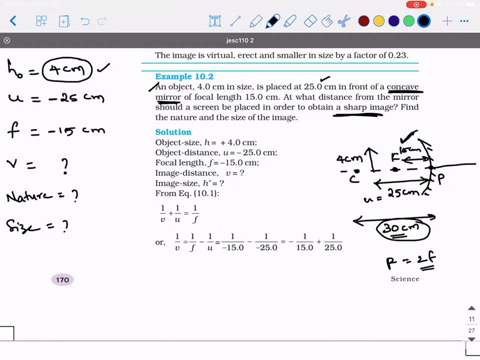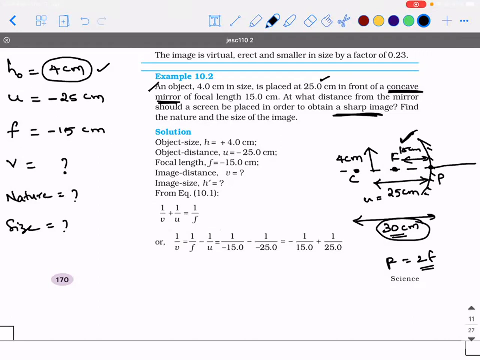It is a scenario where the object is placed between the center of curvature and the focus. So where should the image be formed, guys? This is where the experience of ray diagrams will help us to understand. Where will the image be formed? Think and tell me, revisit. For a concave mirror, there are 6 ray diagrams.